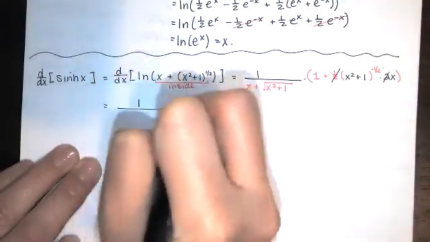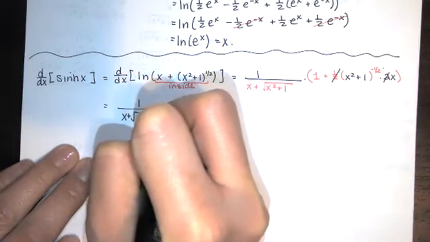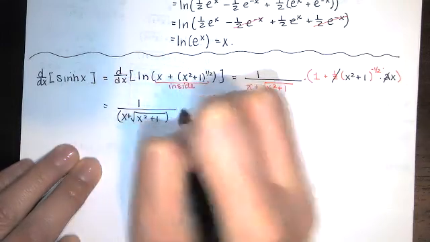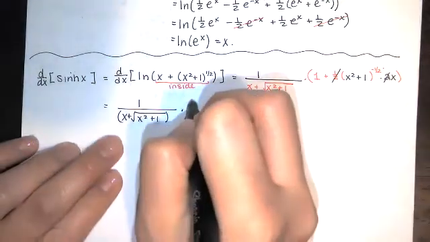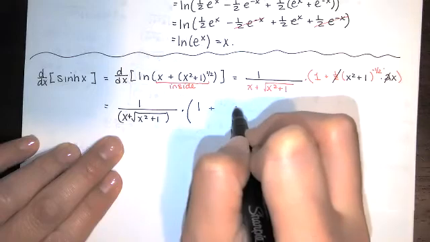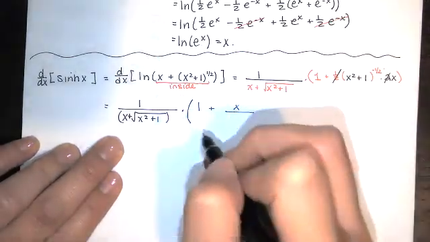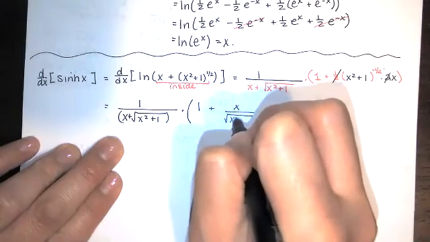I've got 1 over x plus this square root, times this. It's 1 plus x over, and that's an x squared plus 1 under a radical in the denominator.